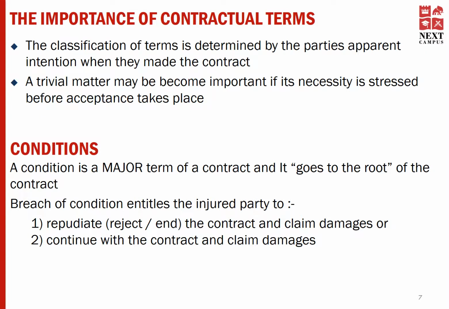Any breach of a condition entitles the injured party to terminate the contract and claim damages, or they can continue with the contract and claim damages. So, these conditions are an important factor of a contract, and definitely both parties need to agree on these conditions before they are drafted and finalized in a contract.